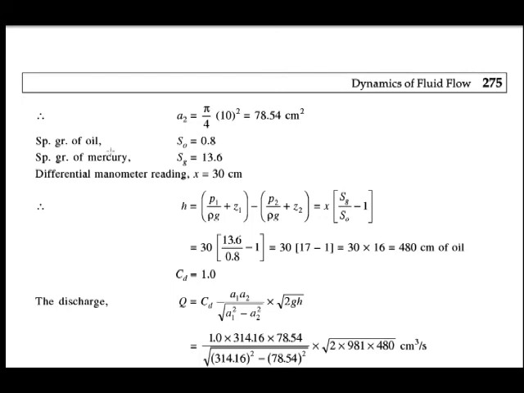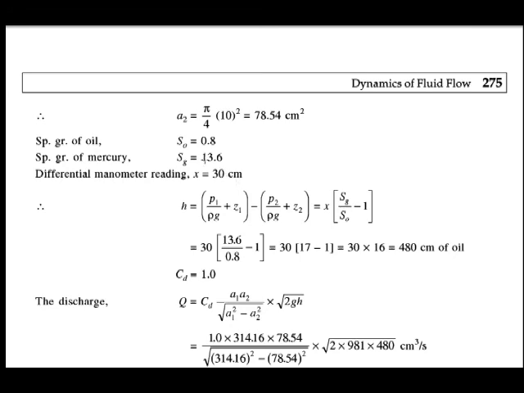The specific gravity of the oil which is flowing through that pipe is 0.8, and specific gravity of the mercury, the liquid present in the manometer, is 13.6. Differential manometer gives a reading as 30 centimeter.